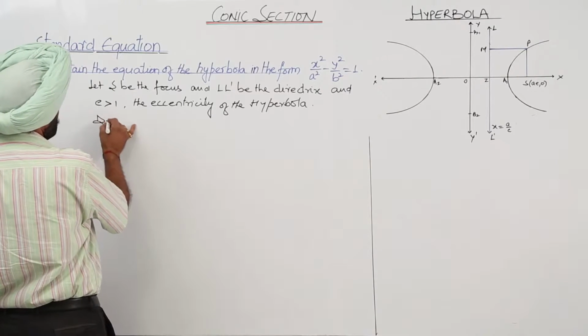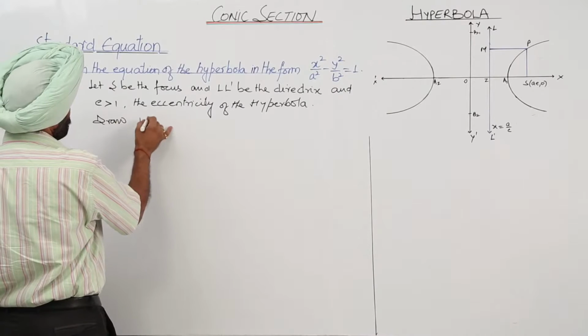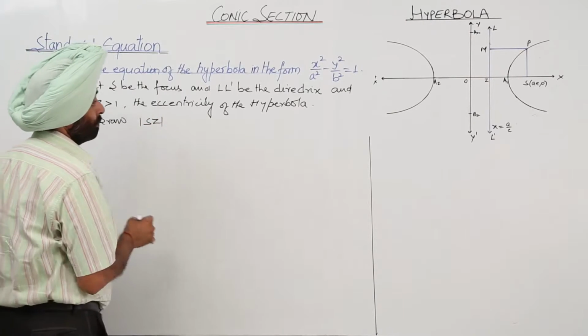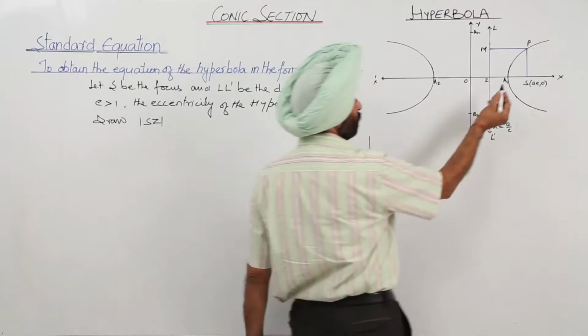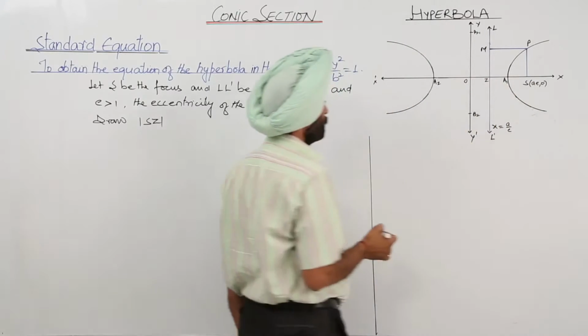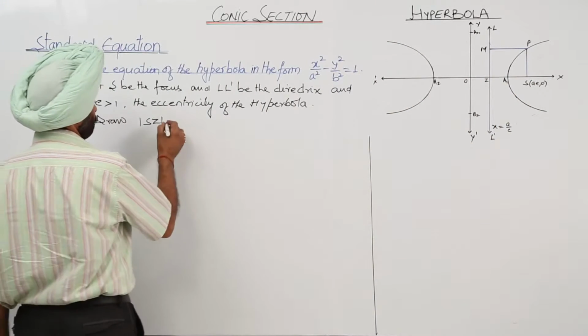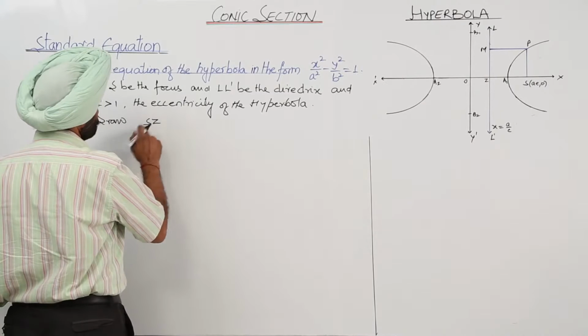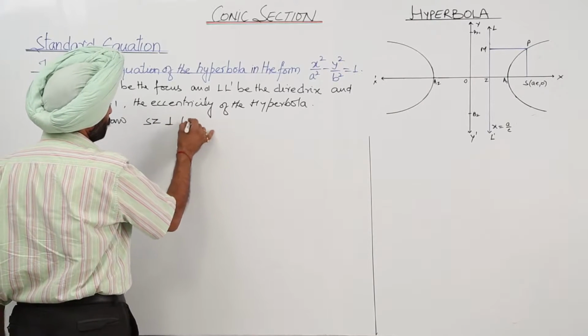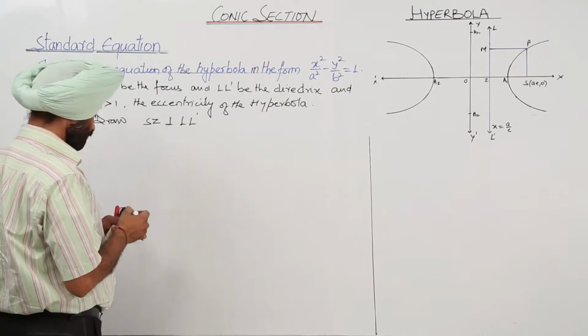Now draw SZ. Draw SZ perpendicular to the directrix L L dash.